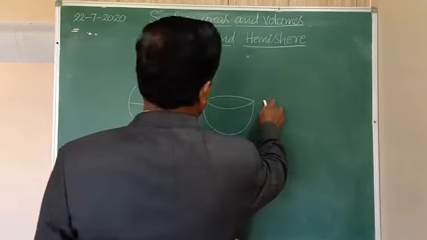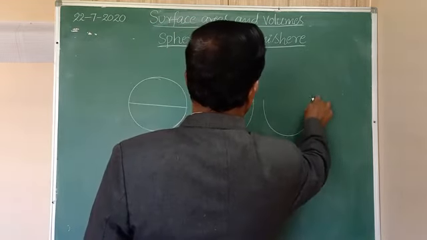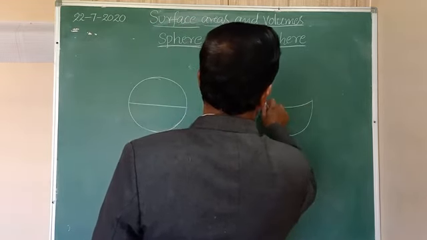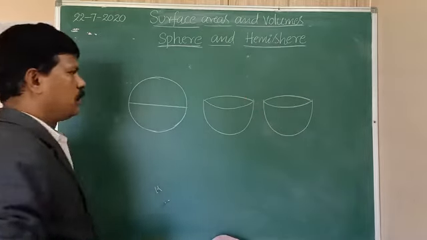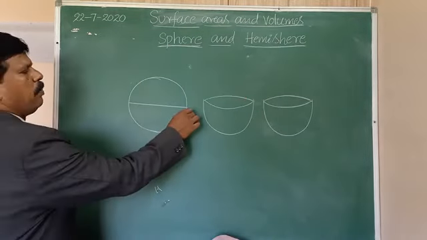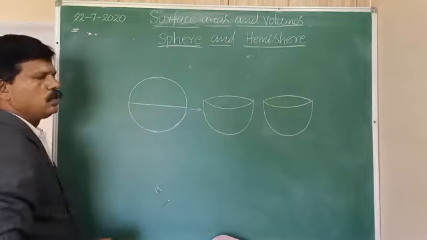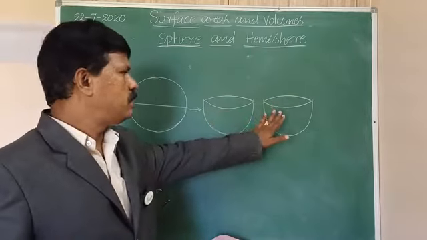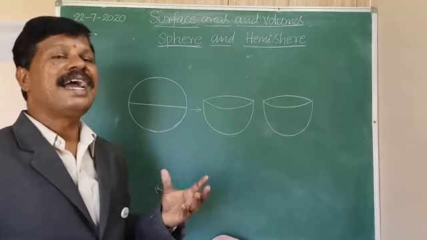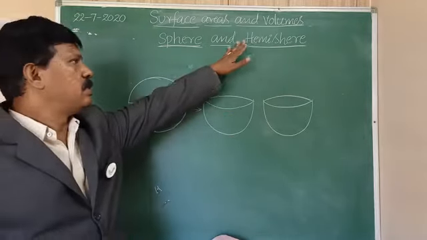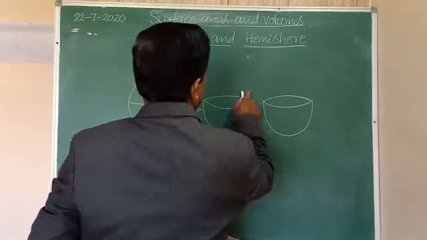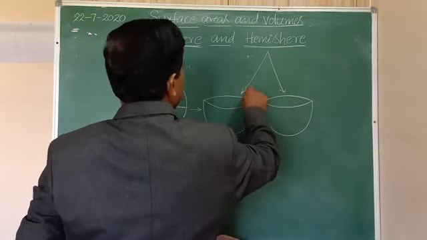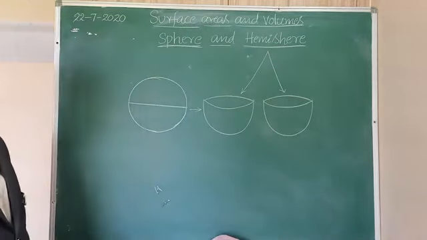Two bowls you are getting like this. When you cut a ball, you will get two bowl structures. Okay, see, these two bowl structures are called hemispheres. These two are called hemispheres.